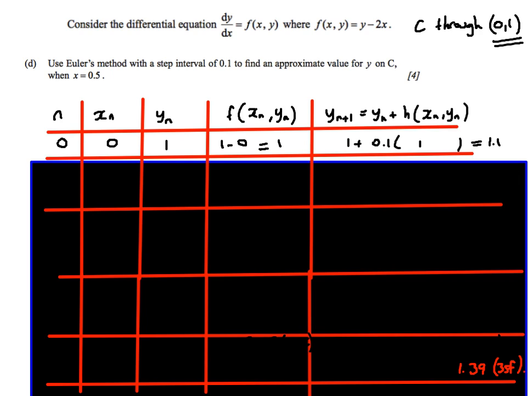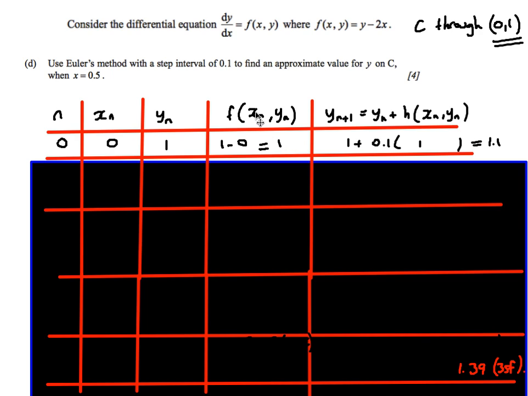The first n is 0. We already know that x0 is 0, and the first term for y is 1. Then we put these two values, x equals 0, y equals 1, into the function, and so I get 1 take away 2 times 0, which gives me 1.